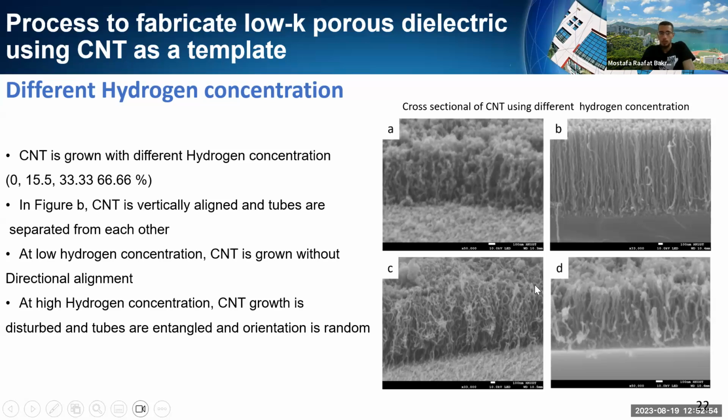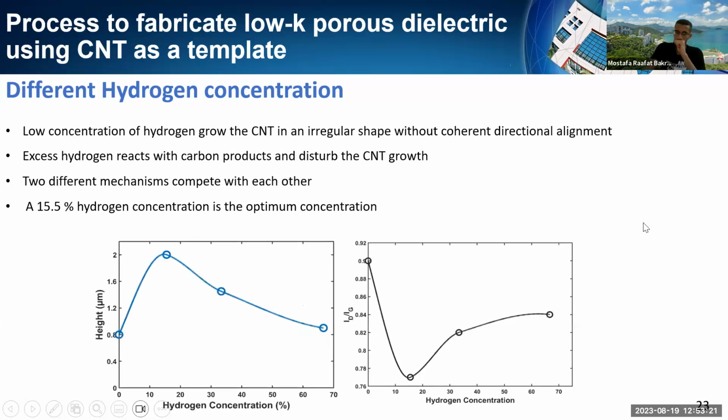So we have two mechanisms competing with each other, and when we have a balance between these two mechanisms, we have the optimum hydrogen concentration as shown on this image. So we have the best CNT quality with vertical alignment and no entanglement here. Each tube is separated from the other one with vertical alignment and good quality.